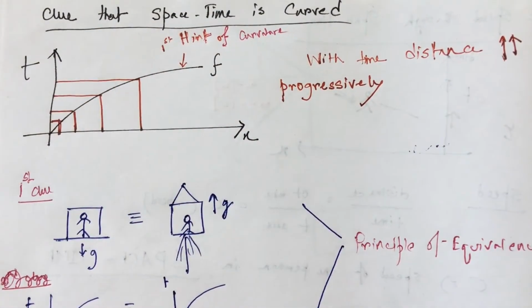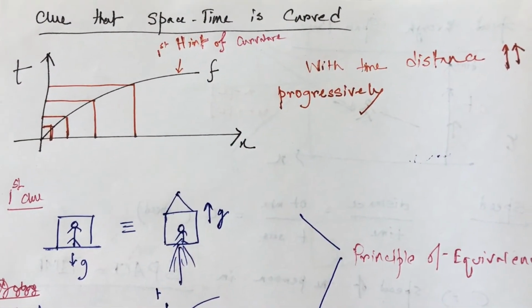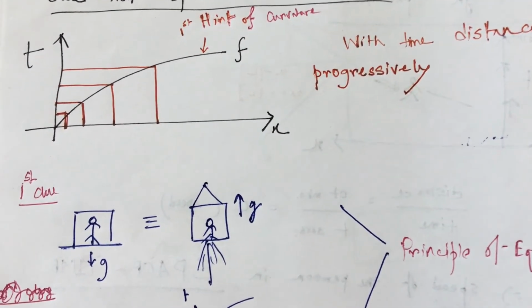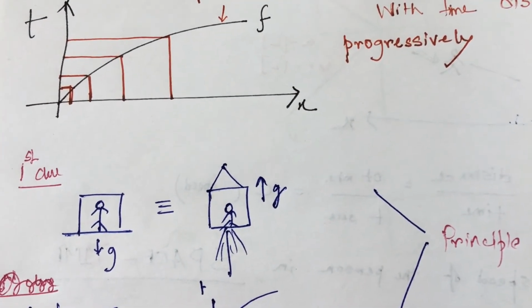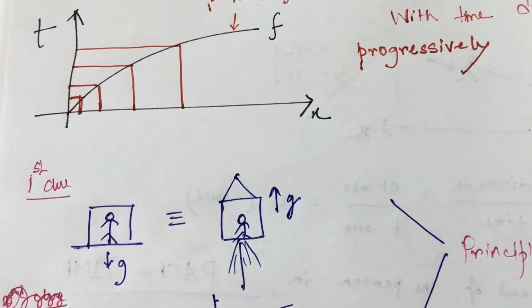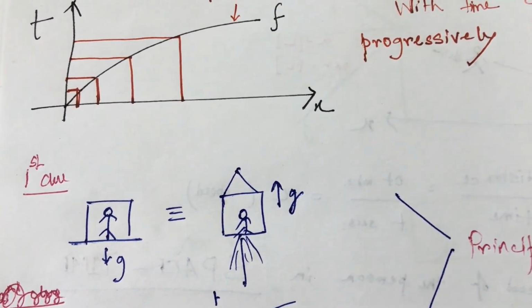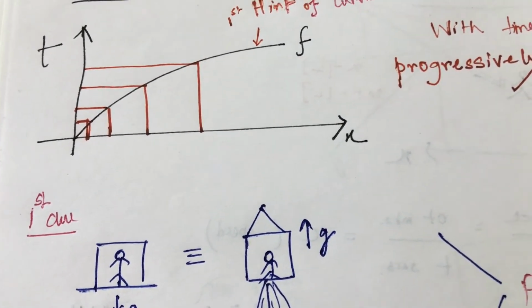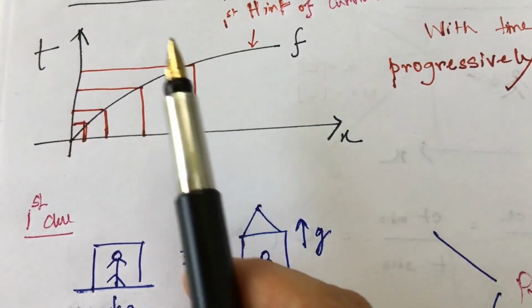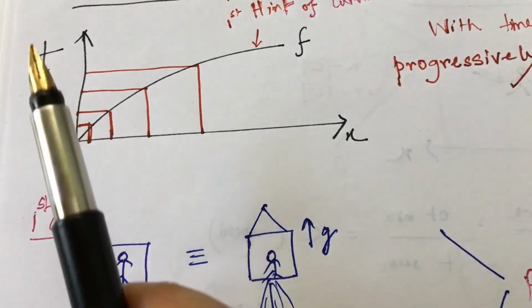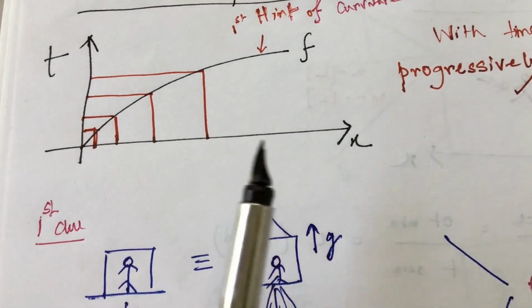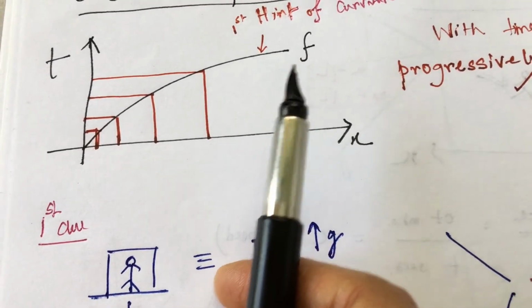Let's find out the clue of the fact that the space-time is curved. If some object has acceleration, then its path of movement in this space-time diagram will be like this, because this shows f is the acceleration of the object.